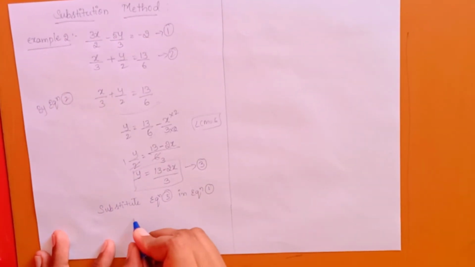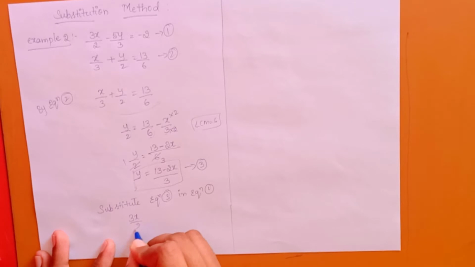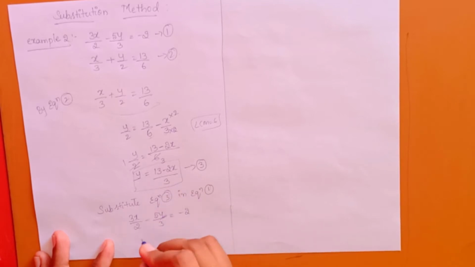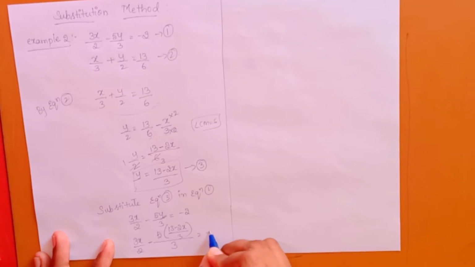What we have, equation 1 is 3x by 2 minus 5y by 3 is equal to minus 2. In the place of y, I'll substitute this equation. So 3x by 2 minus 5 bracket 13 minus 2x by 3, divided by 3, is equal to minus 2.